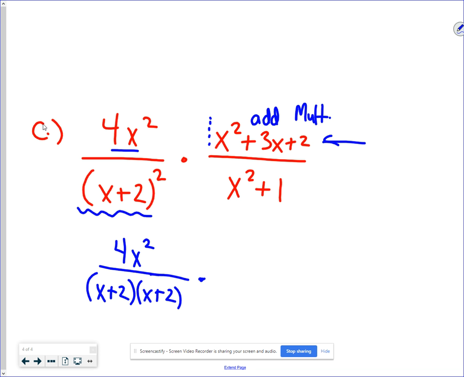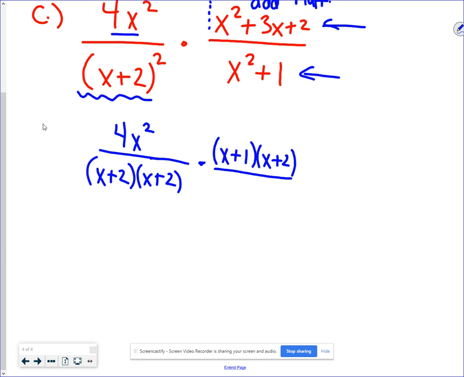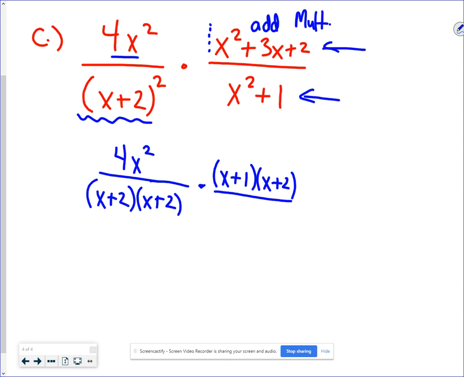Positive 1 and positive 2. So this factors to the quantity x plus 1 times the quantity x plus 2. And now if we look at our denominator over here, I got a binomial, got 2 terms. It's not a GCF, so it can't be factored, so we can just write it as 1 times the quantity x squared plus 1.